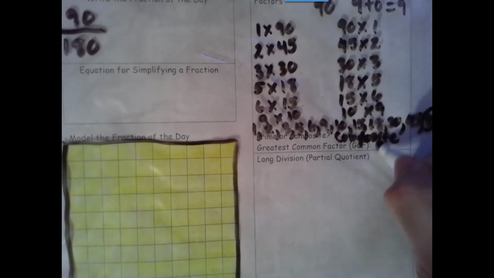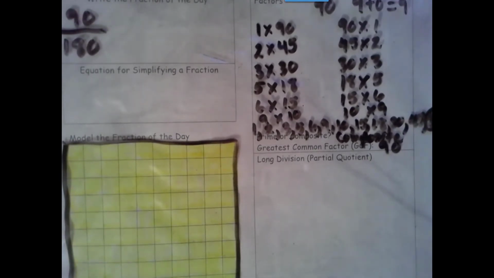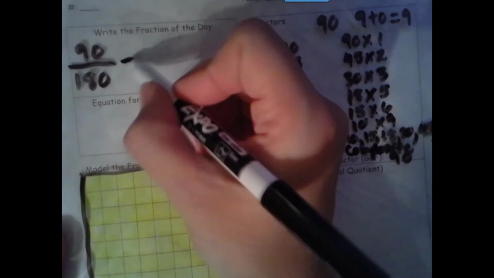Well, I have no remainders, so that means 90 worked. 90 is our greatest common factor. Now we need to see how many total groups of 90 do we have. 1, 2. We have 2 groups of 90.